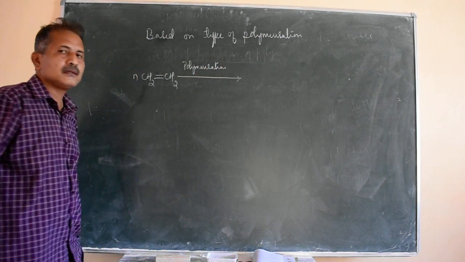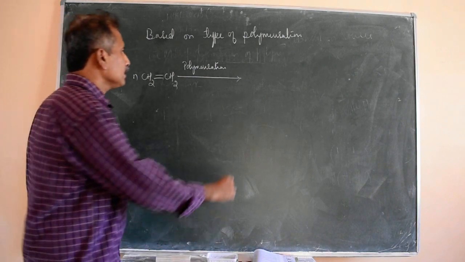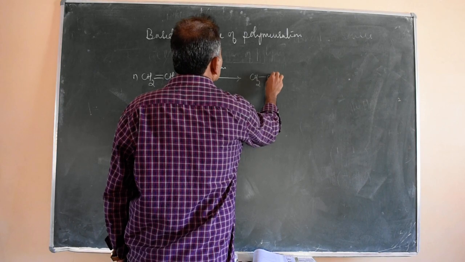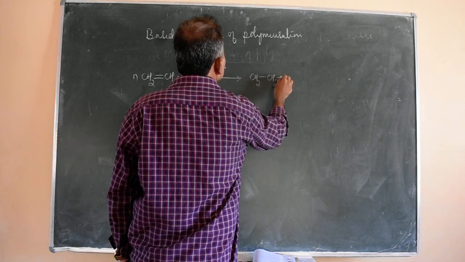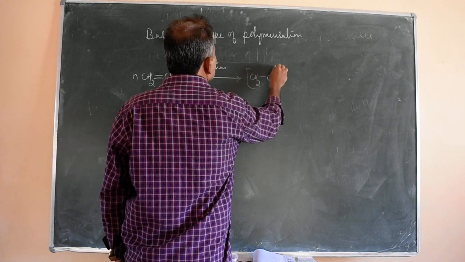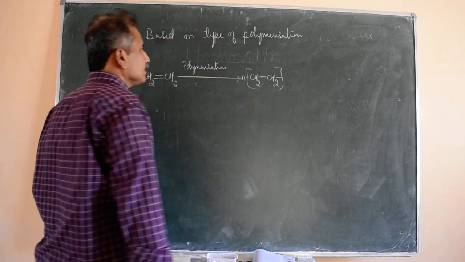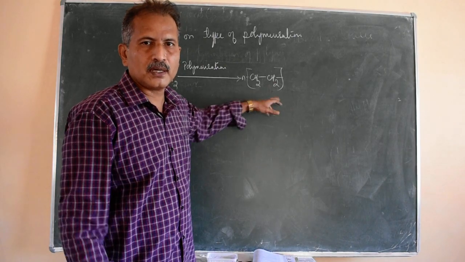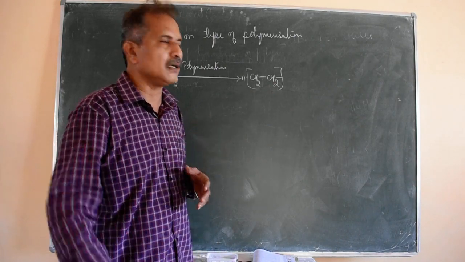and we get the basic unit. We get a basic unit CH2 dash CH2, n number we get. Now you take this monomer and go on adding them one after the other.